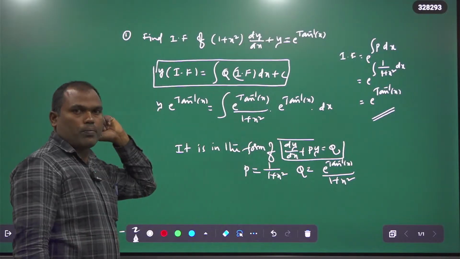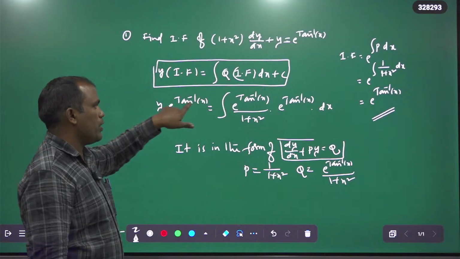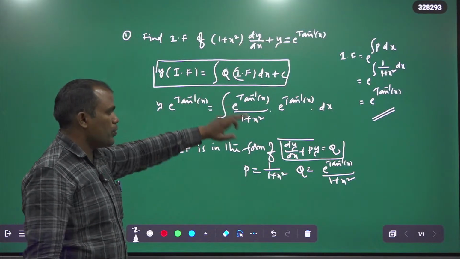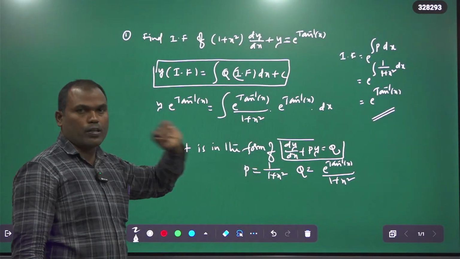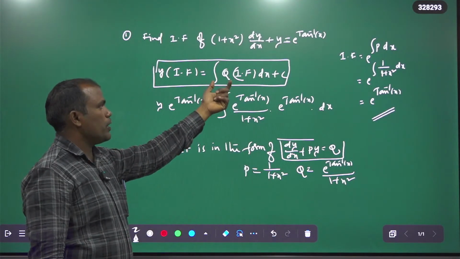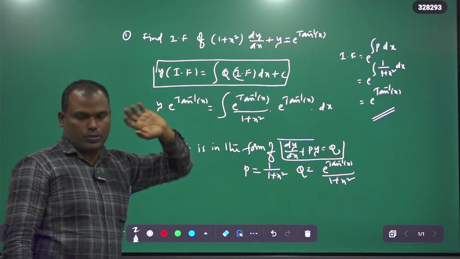I am just writing the formula: in place of the integrating factor we put e power tan inverse of x, and in place of q we put its value, e power tan inverse of x by 1 plus x square. The substitution is over.